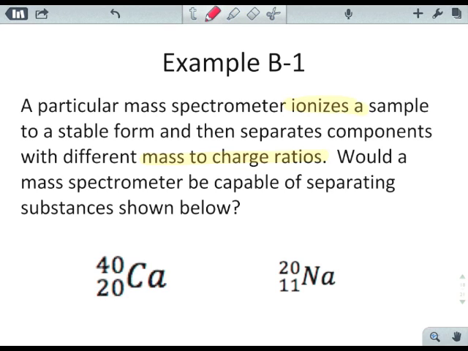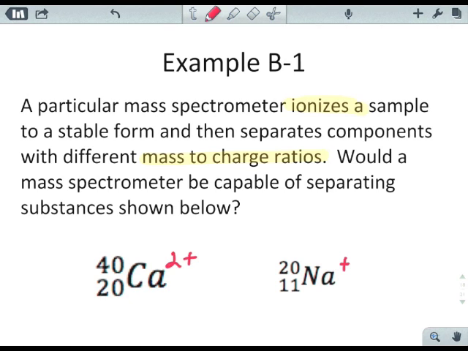Well, the stable form of calcium is calcium 2 plus. Calcium is stable once it loses 2 of its electrons, so it becomes more positive, has more protons, so it's 2 plus. Sodium, on the other hand, is stable with just a single electron loss. So it's going to be a cation with a 1 plus charge. Even though there's not a 1 there, just assume that it's there.